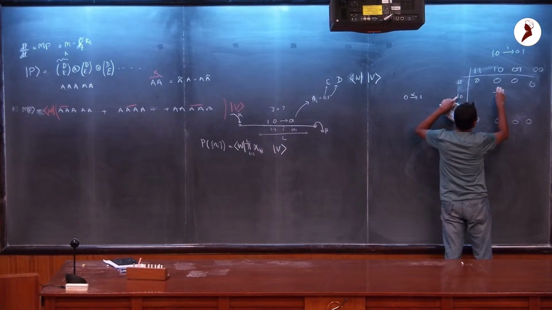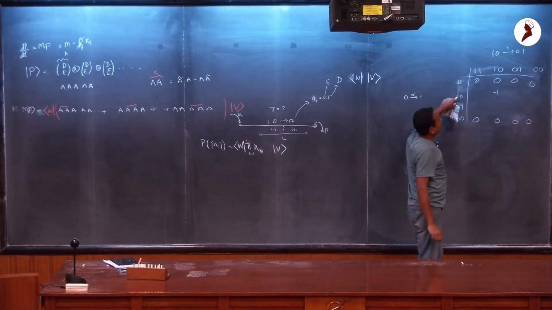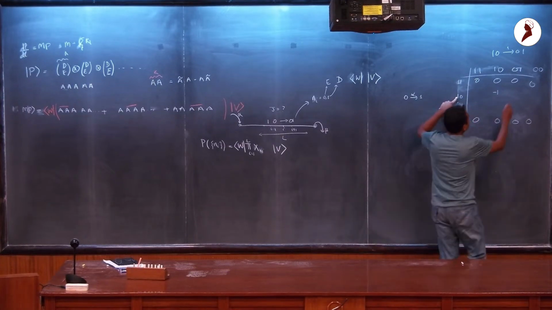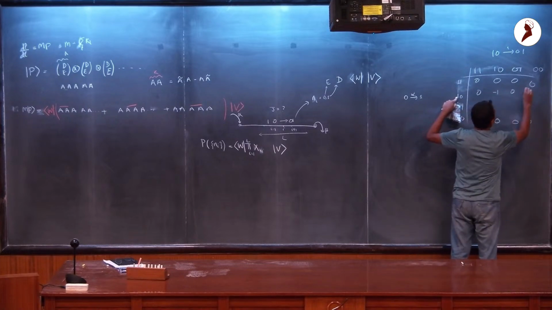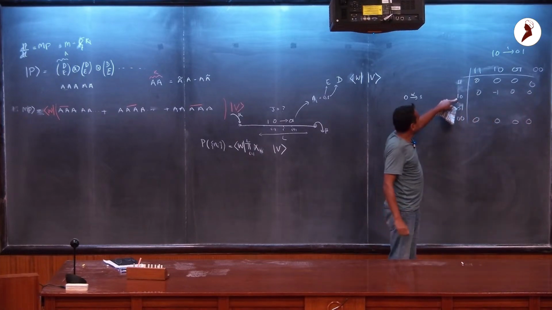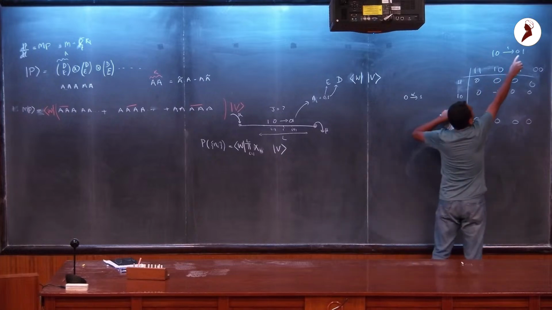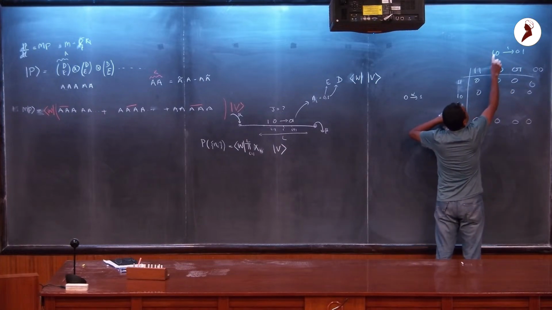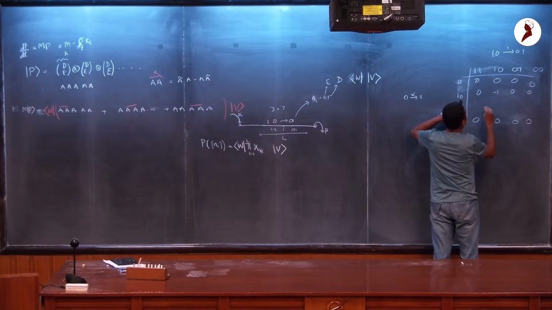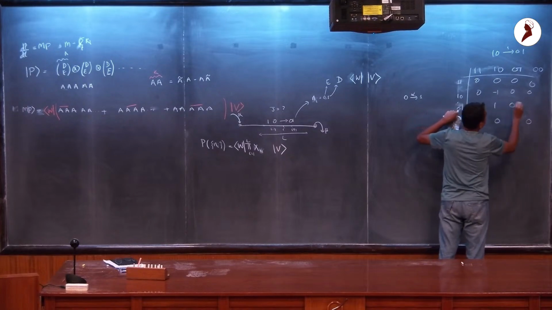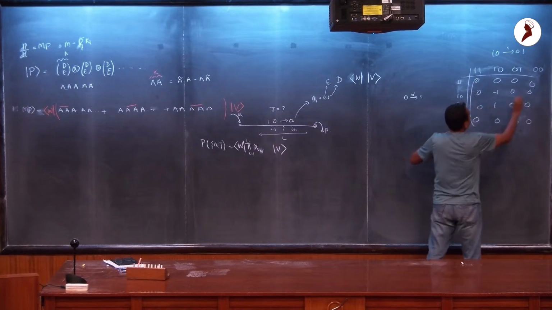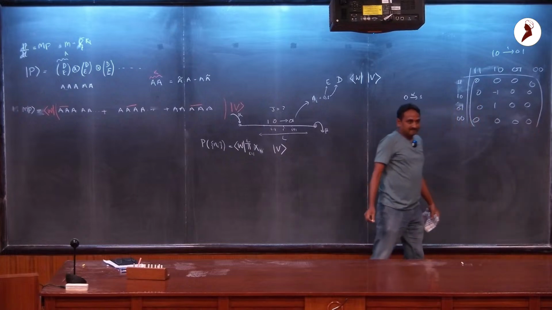So this is minus 1 because it loses, and 1, 0 cannot be created, so then nothing, right? Similarly 0, 1 can be created from 1, 0. So that's the matrix K, right?